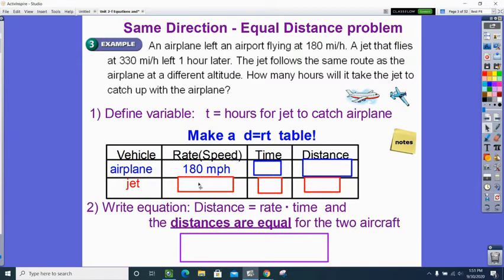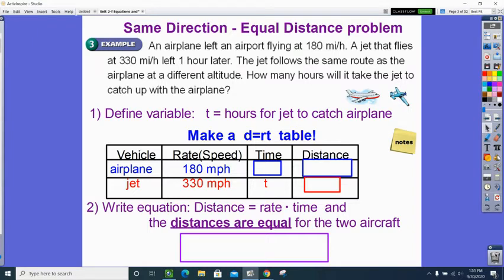The jet speed will go in the cell that says jet and rate. So now what about the time? Well, I said T is the hours for the jet to catch up. So I come down to the jet row, over to the time, and I'm going to put T in there. Now I'm going to warn you, the next step is often the mistake step. So I want you to picture what's happening. The airplane takes off.